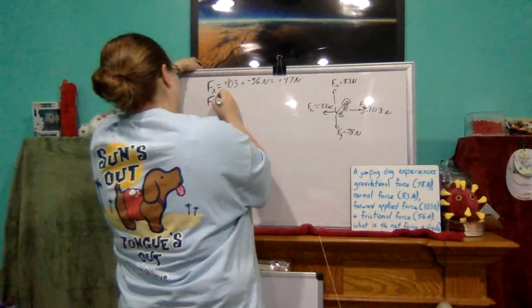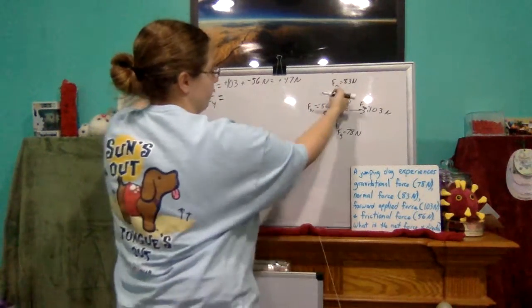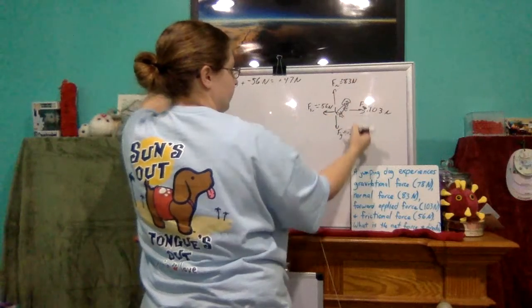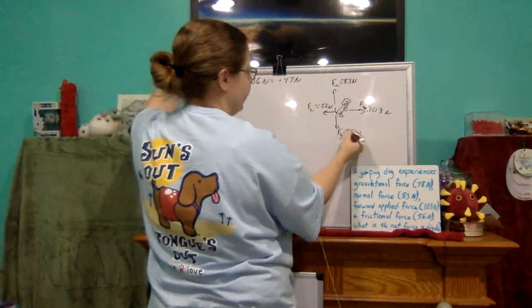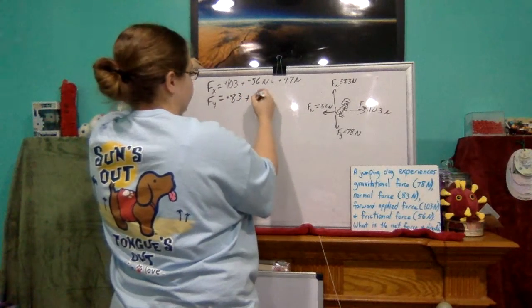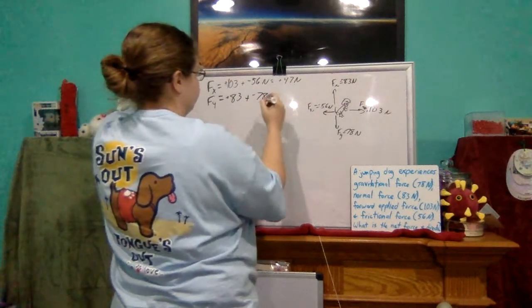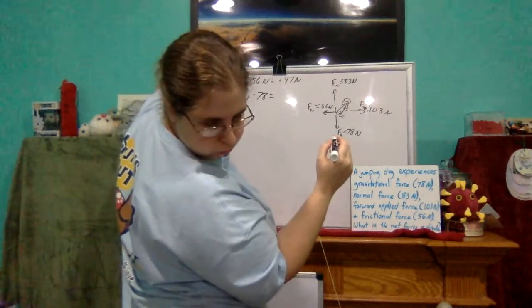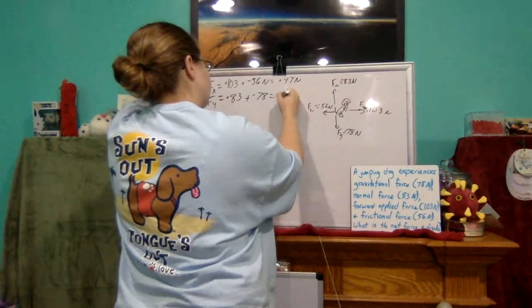For F in the y direction, up is positive, opposite of that is down, which is negative. So we have positive 83 newtons plus negative 78 newtons, and we get positive 5 newtons.